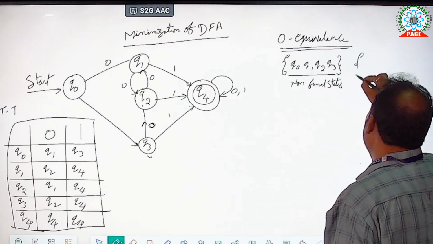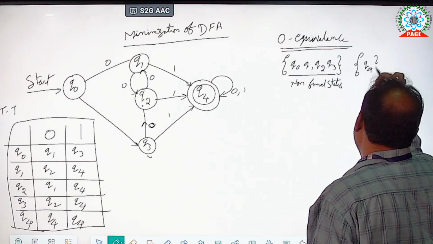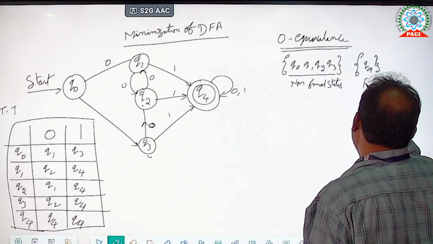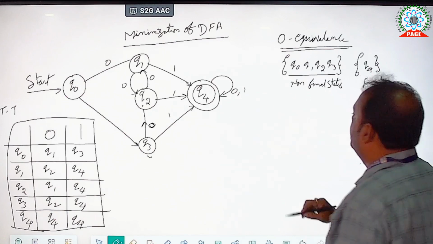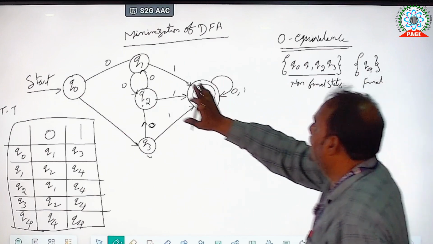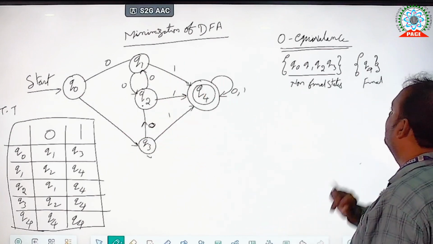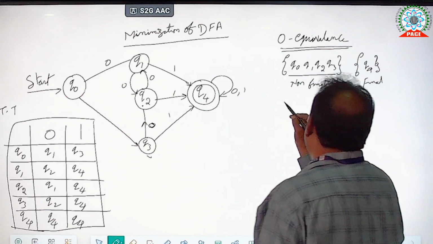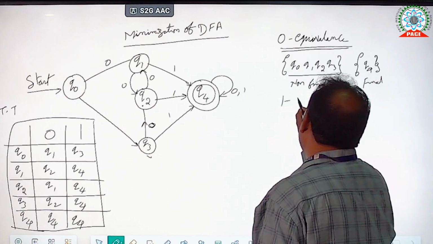There is only one final state, Q4. So the given diagram has Q4 as the final state, and the remaining 4 are non-final states. Again we have to simplify this by equivalence.